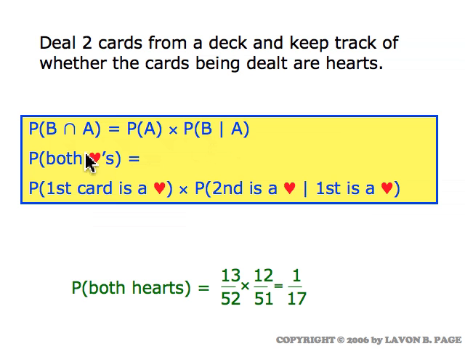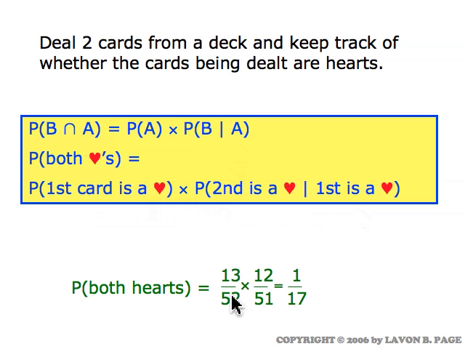So we apply that in the case where we're looking at A being the event that the first card is a heart, B being the event that the second card is a heart. So B intersect A simply says both cards are hearts, and that probability is the probability of A, the first card is a heart, times the conditional probability of B given A, which is the probability the second card is a heart, based on the knowledge that the first card is a heart.